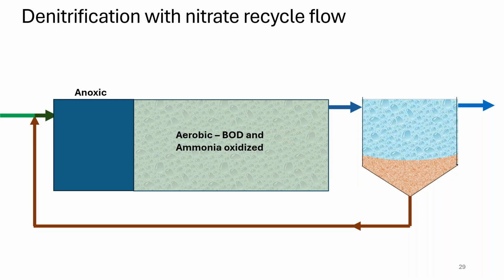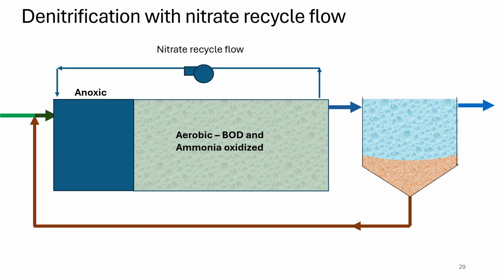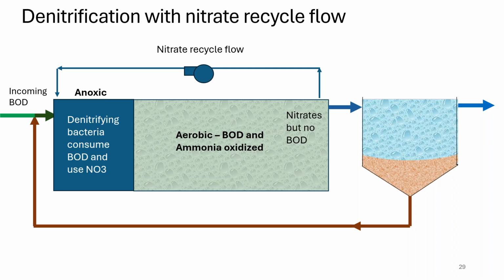Now, the normal solution for biological treatment, nitrification and denitrification, is to put the anoxic tank in this position and to have a nitrate recycle flow. And so right here at the end of our aeration tank, we have nitrates, but there's no BOD, and we recycle that flow back to the anoxic tank. And those nitrates will be available for the incoming BOD and the microorganisms to consume the BOD using nitrate as their oxygen source.